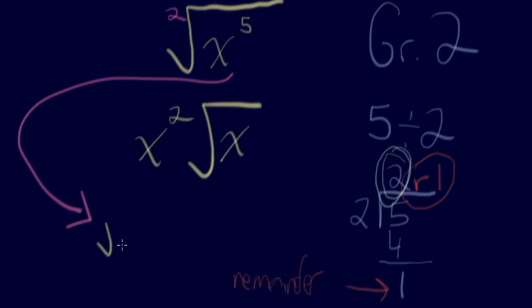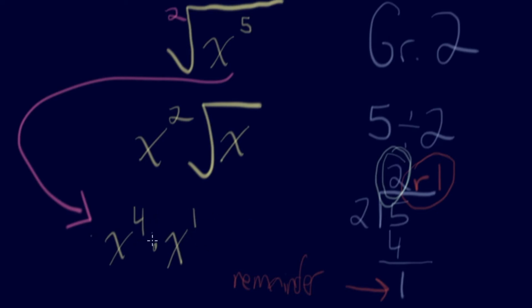But what 2 numbers could they be? You basically want to get an even number. So if I said x to the 4th times x to the 1st, would that give me an even number so I can take the square root of it really easily? Yeah, for sure. You could with 4.